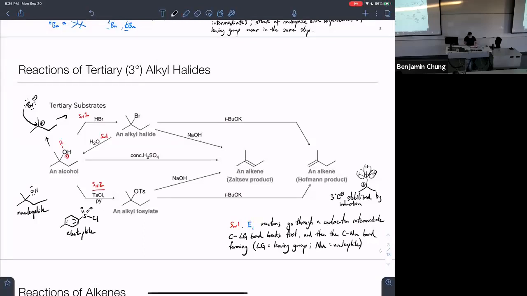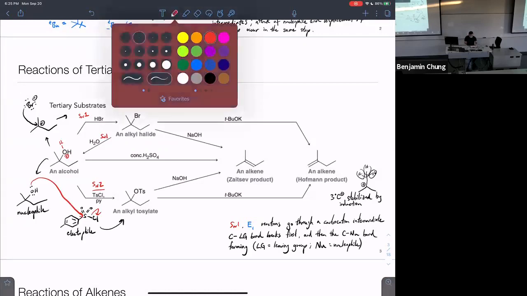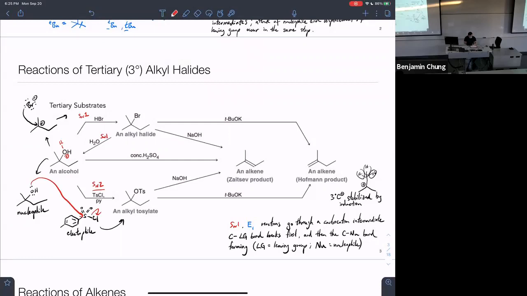So this time your oxygen is acting as a nucleophile, which is displacing the chloride on the electrophile to give you the alkyl tosylate. In the previous example, your alcohol is the electrophile, and your nucleophile is the dissociated HBr. So the nucleophile and electrophile roles are switched between these two reactions.